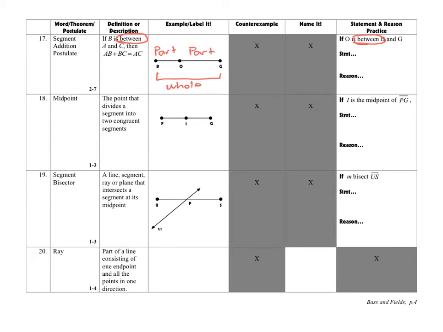If you think of it that way as you're working through segment addition, we can now write that BO plus OG equals BG.